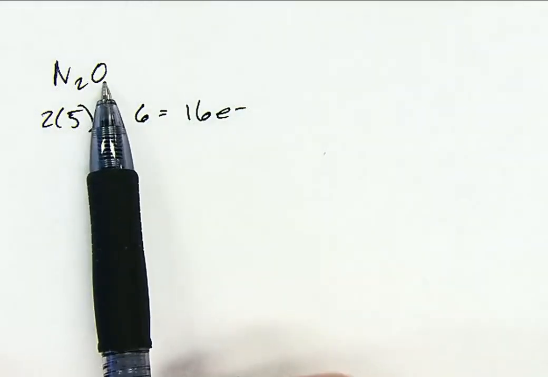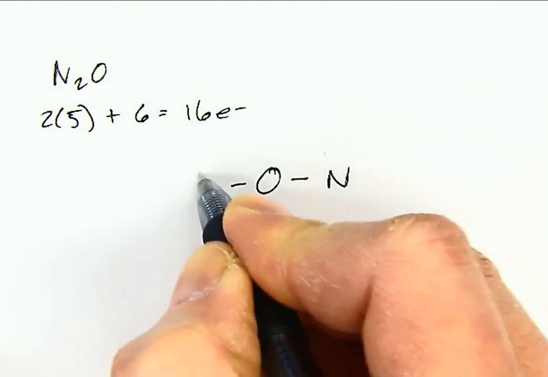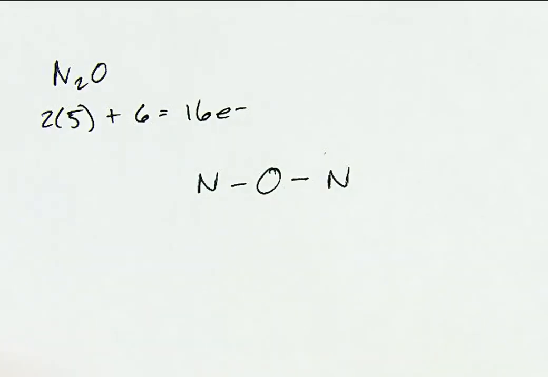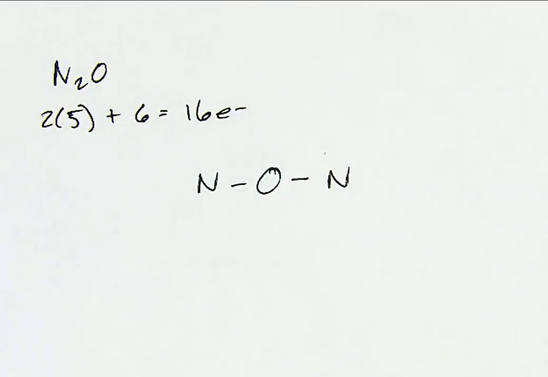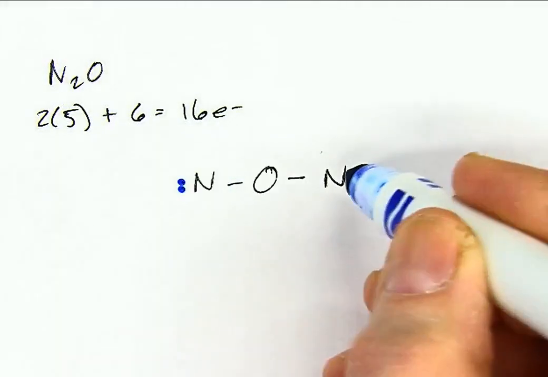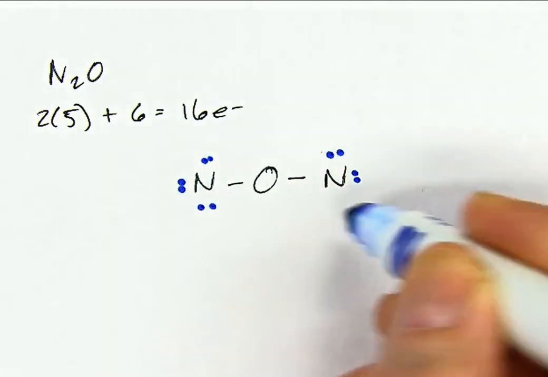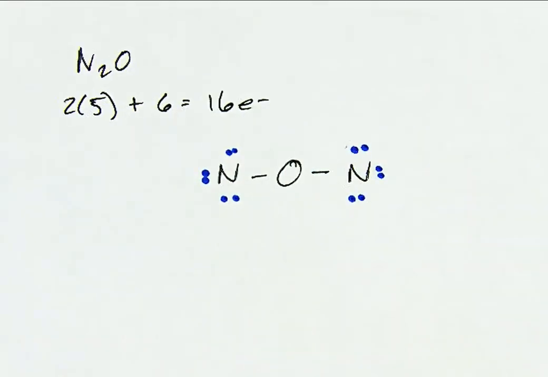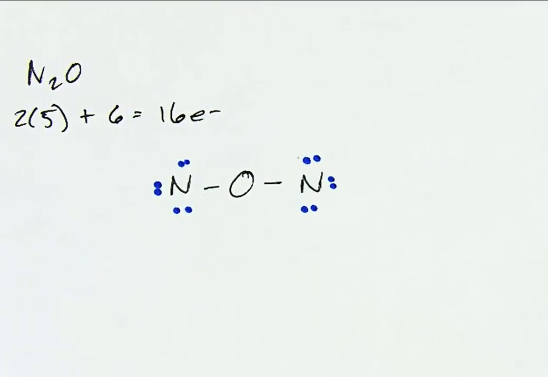Because oxygen is the fewest in number, we draw oxygen in the middle. And then we need to get up to 16, so we have 2, 4, and we have 6, 8, 10, 12, 14, 16. Right? But what happens in this case?